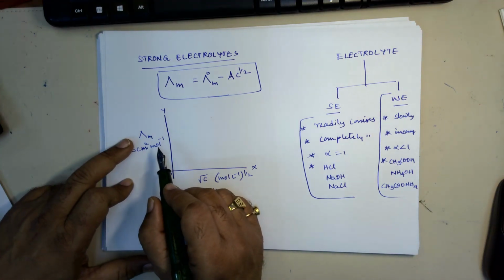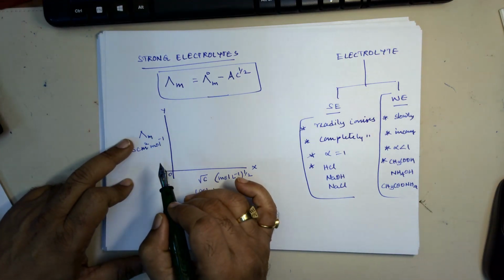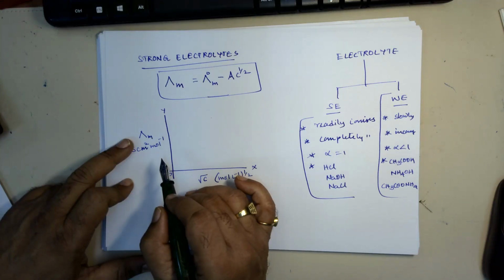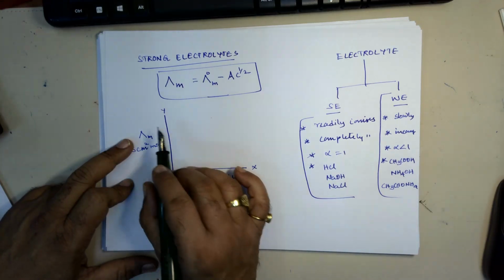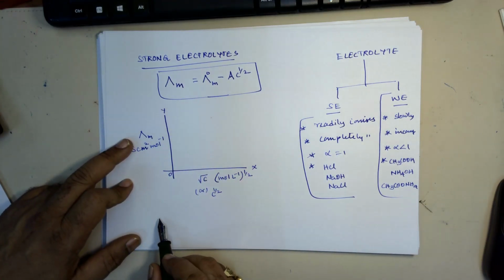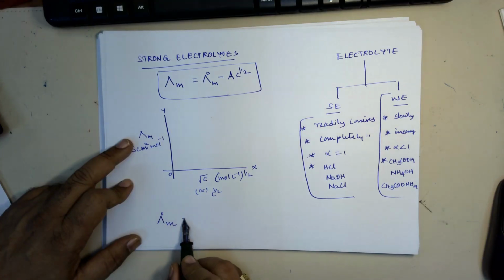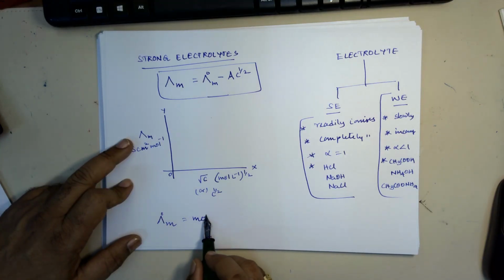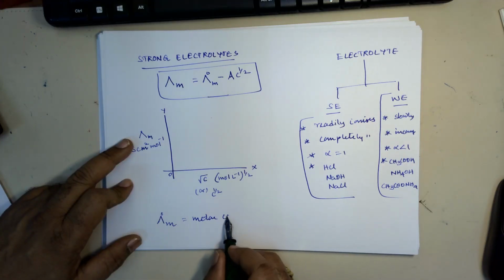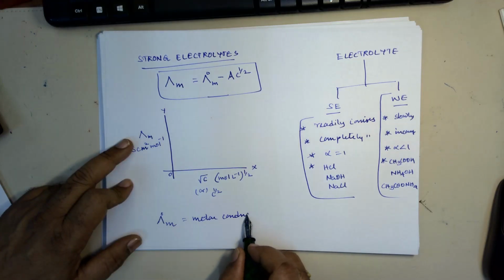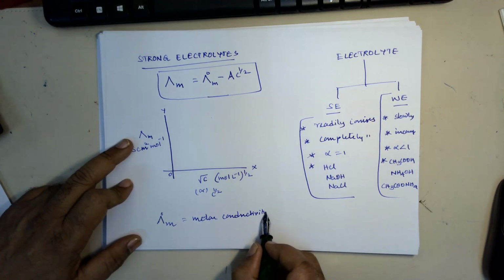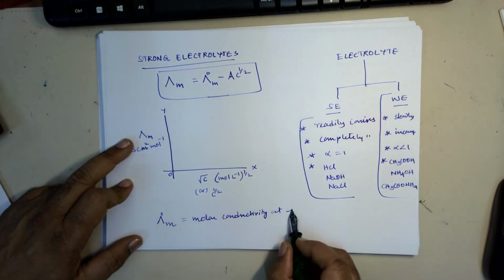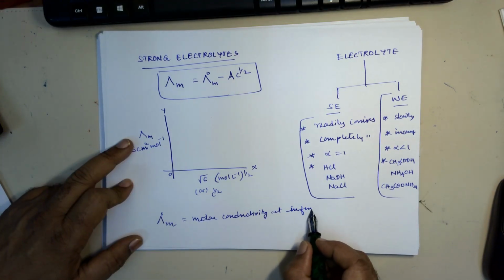And how to represent the molar conductivity at infinite dilution? You have to put naught. So what do you mean by Lambda naught m? Molar conductivity at infinite dilution. Write down.